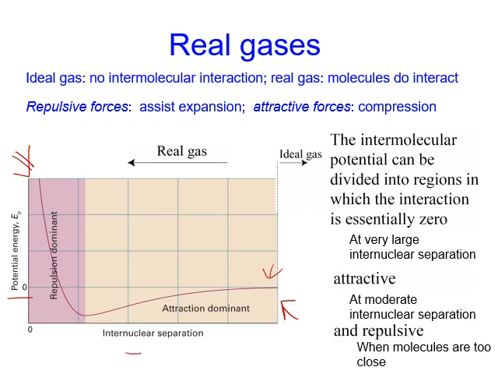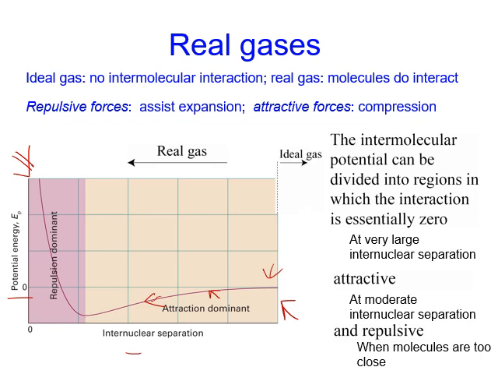When the molecules approach each other, the distance becomes smaller and the potential energy decreases. When the potential energy becomes lower, that indicates molecules start to feel an attraction force between each other. So the attraction force dominates.